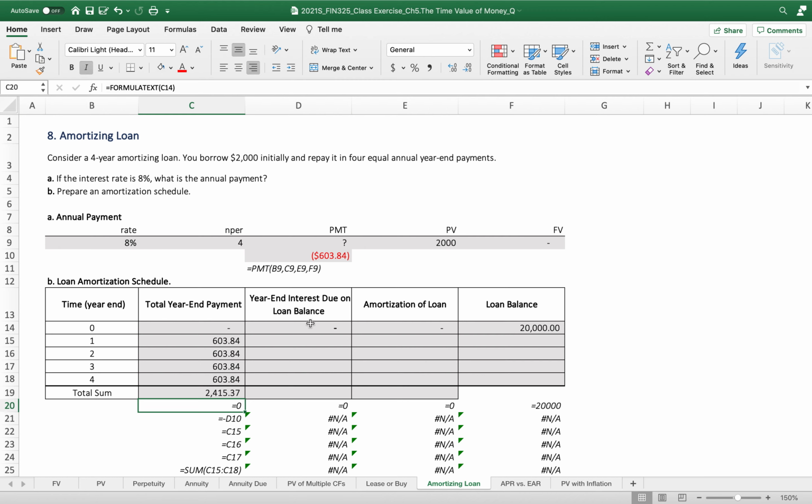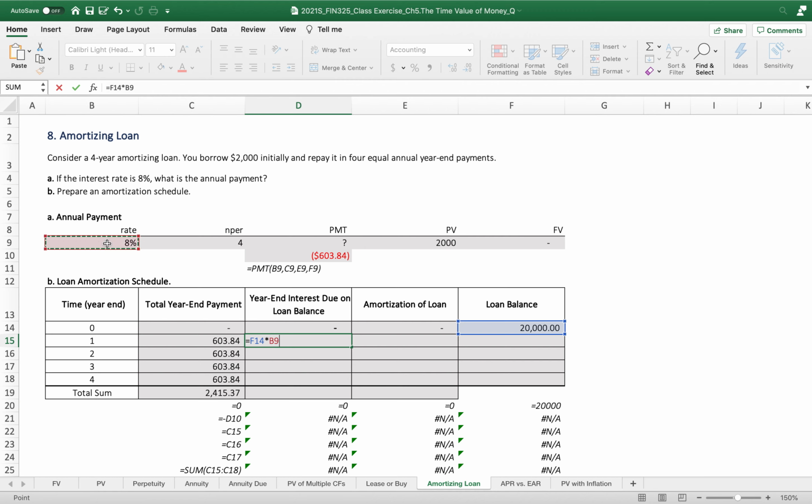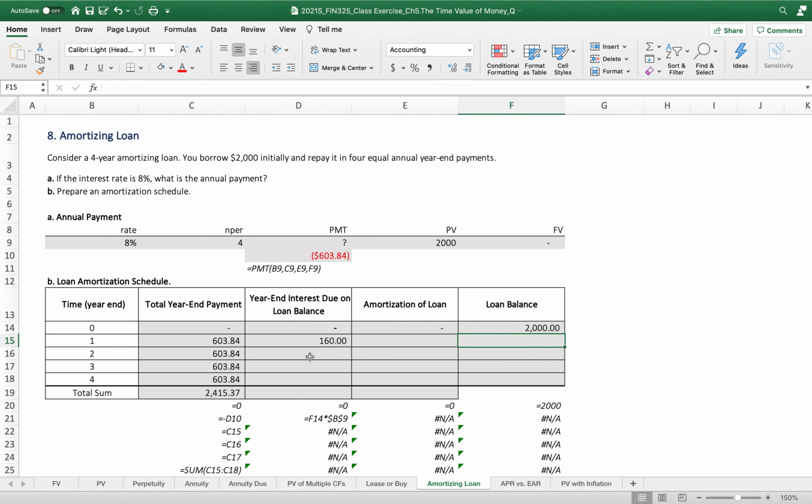Now the year-end interest. How much is the year-end interest due on the loan balance? So 2,000, sorry, it should be 2,000, times 8%. So 160 is the year-end interest.